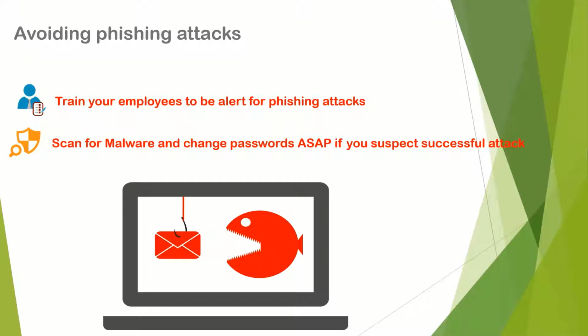When you get an email from someone you don't know, check it for grammatical errors, because most of the time they make grammatical mistakes. You can also see that there's something very dodgy with the name of the company, or with the website they're referring you to click on. You can see that directly in the text.